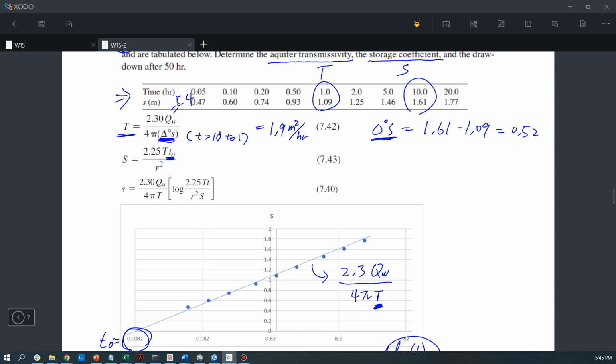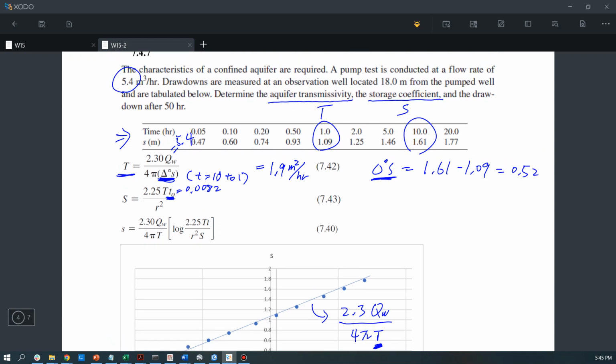Again, you plug this t0 back into this equation, and you know the transmissivity, which you just calculated, is equal to 1.9 meter square per hour, and you also know the distance of this observation well, that is 18 meter away from the pumped well. So you can calculate this term, that is equal to 1.08 times 10 to the power of negative 4.